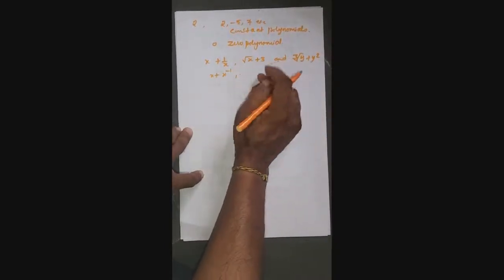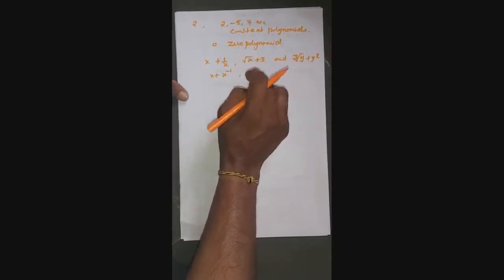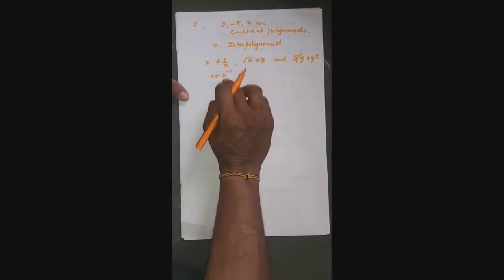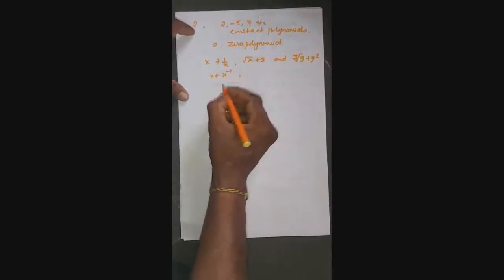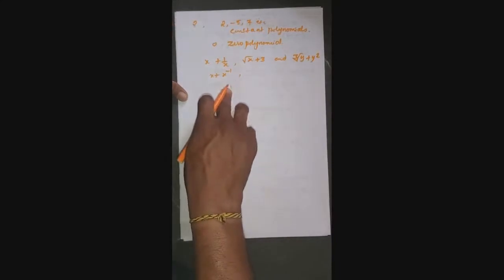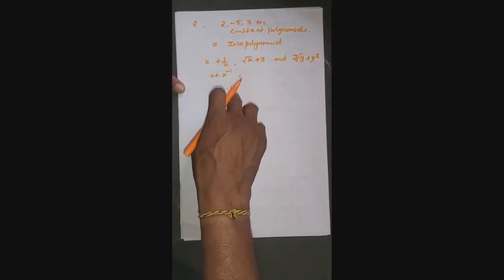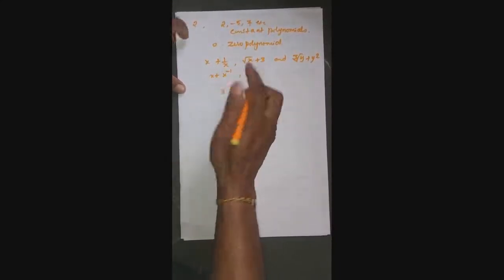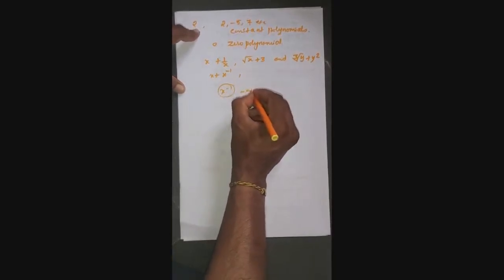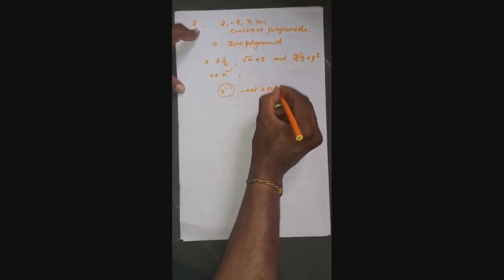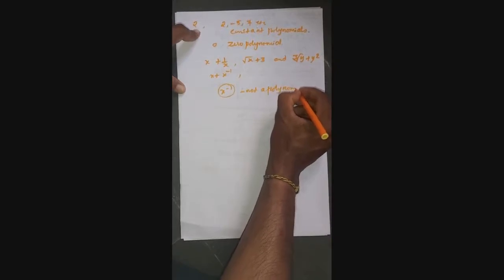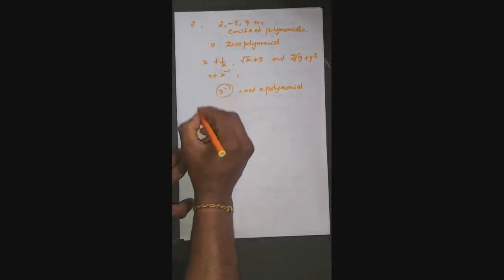See here, the exponent of the second term, that is x to the power of minus 1, is not a whole number. So this algebraic expression is not a polynomial.